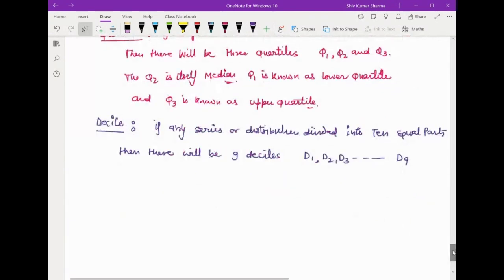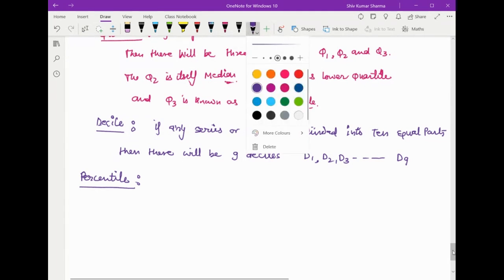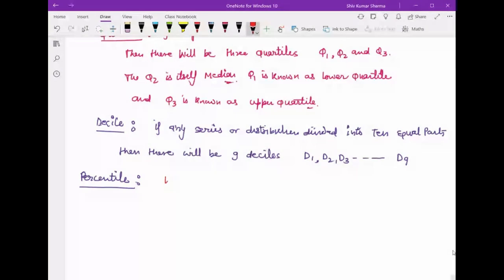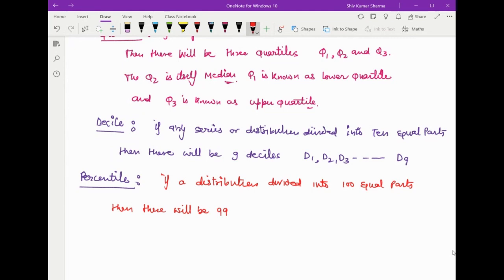Now let's talk about the percentile. In the case of percentile, a distribution is divided into 100 equal parts. Then there will be 99 percentiles.